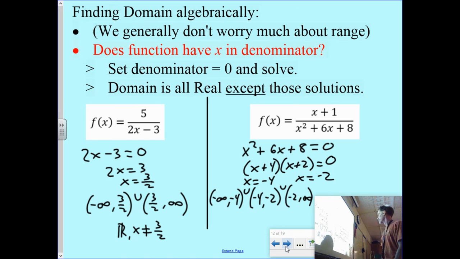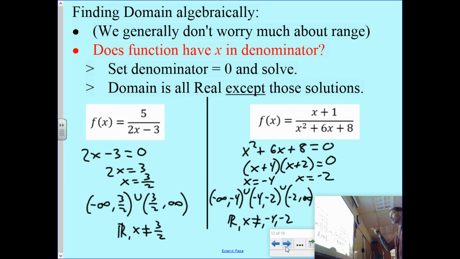Okay? And if you want to do the shortcut way, you could do all real numbers, x not equal to -4, -2. That's fine. Okay, so that's one. If you get a fraction, x in the denominator, whatever's in the bottom, set it equal to 0, solve it, and it's everything else.